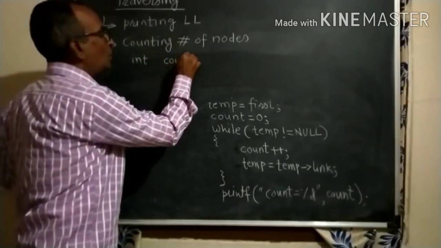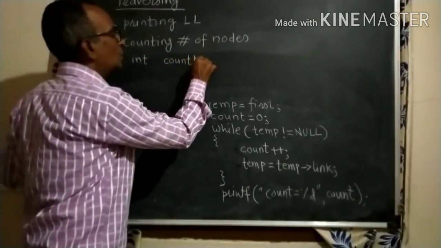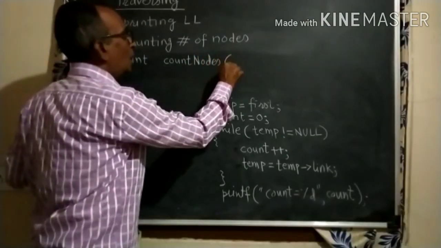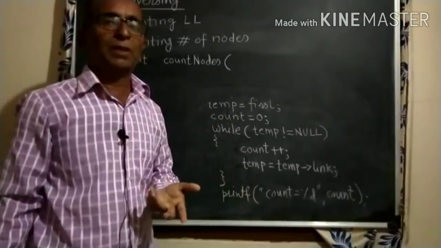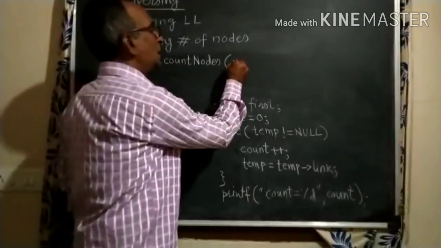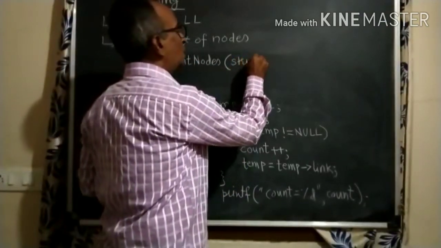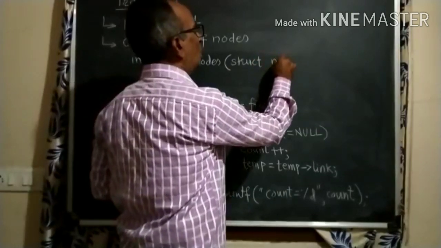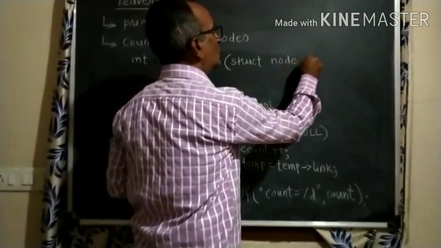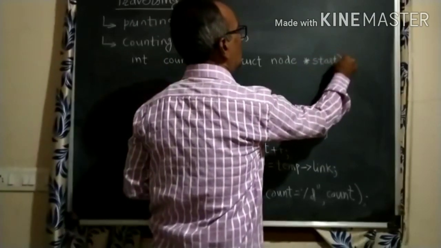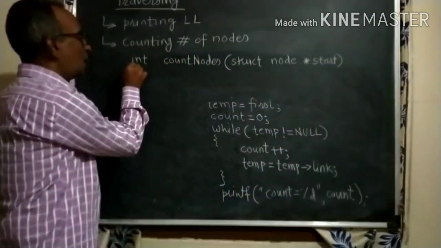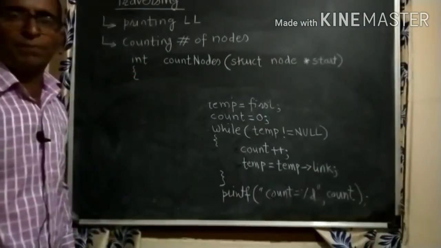I'll call it count nodes. What am I providing to this? I am providing the list, the address of the first node. So whatever structure I have defined for node, struct node star, I'll say start. This address I am giving.